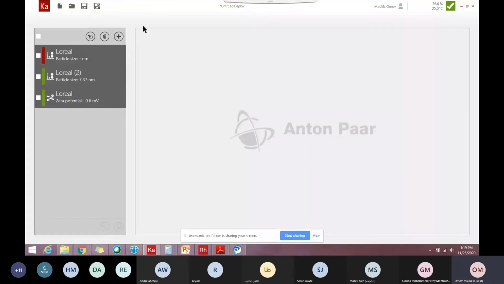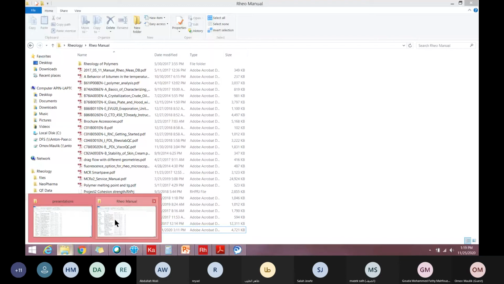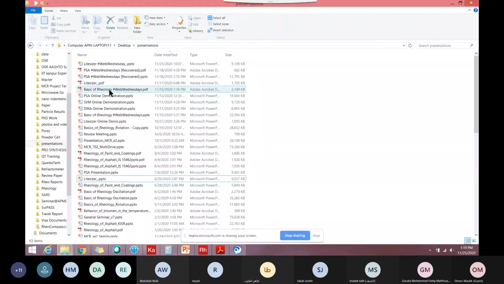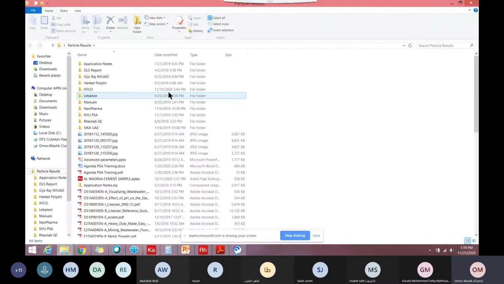I can again show you some examples of some zeta potential measurements. So this is for a food product.